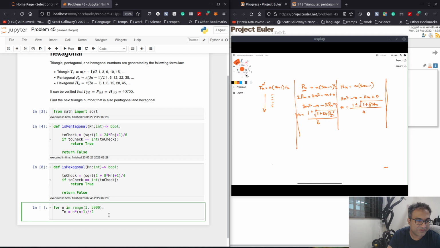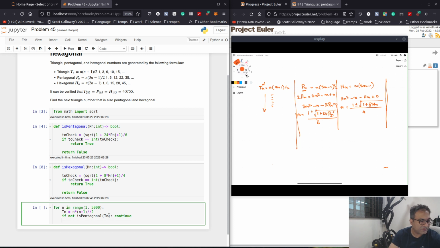Okay, so given that, if not, which one is easier? For the computer, both are similar. Okay, if not is pentagonal of Tn, then continue.